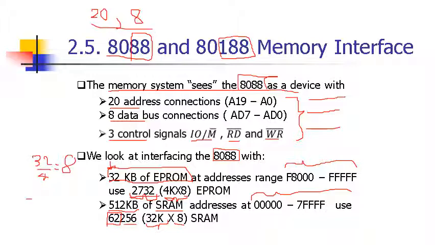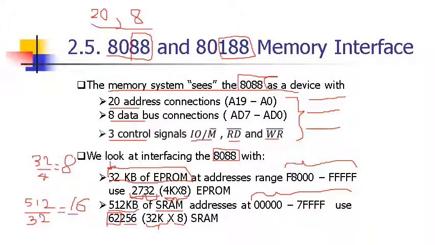And we need to connect 512K bytes using 32K byte chips. So we'll need 16 chips to be connected to the processor.